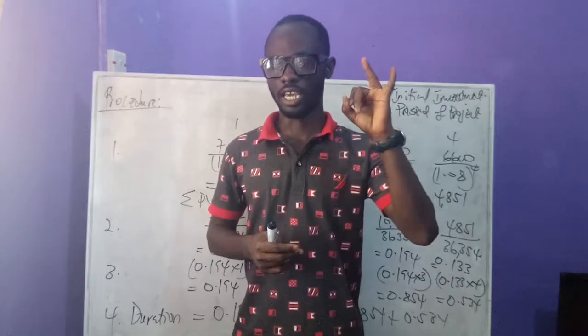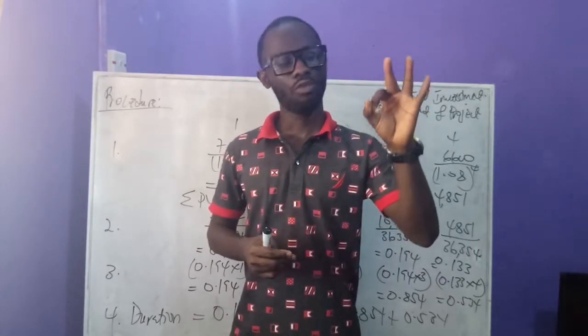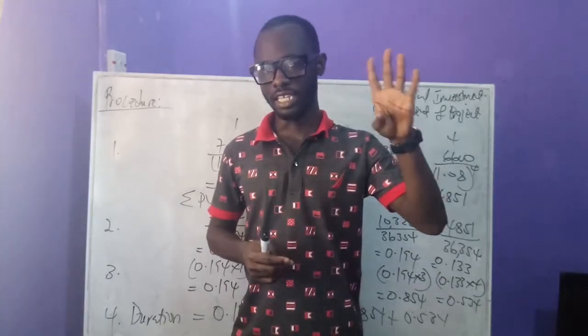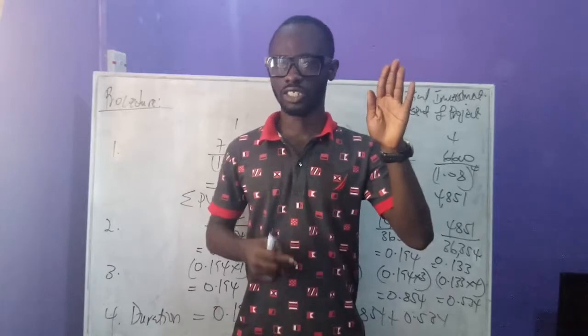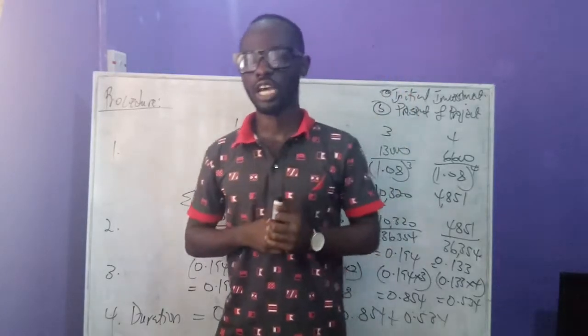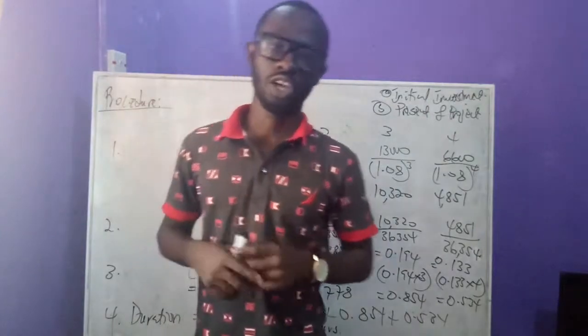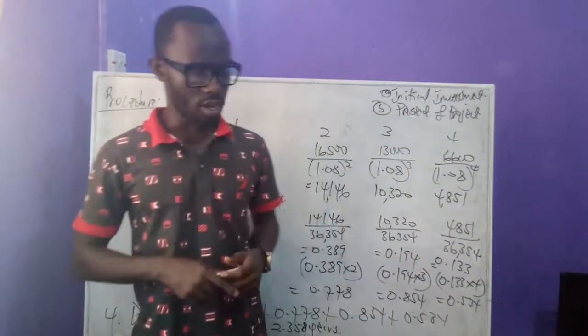We looked at the payback period. We considered the net present value. Then we considered the internal rate of return. Then we came to modified internal rate of return, discounted payback, and then duration. So these are 7 techniques that we used in having an understanding and appraising a project.